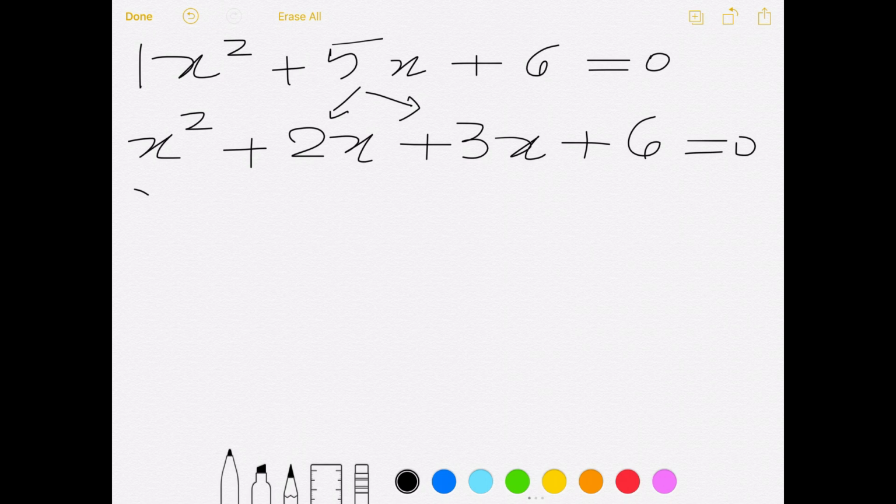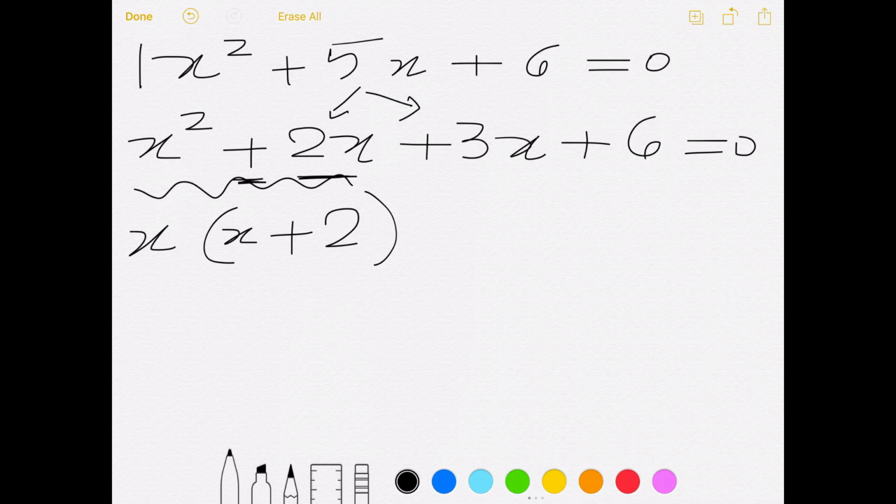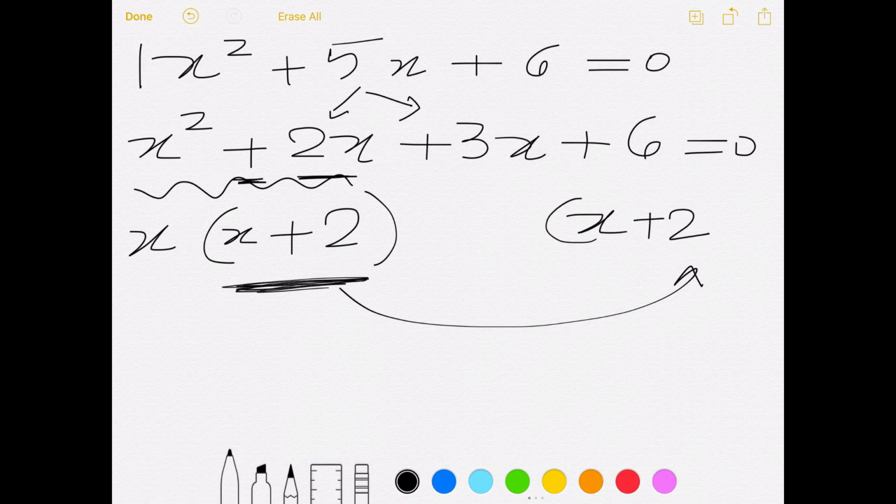Now, from the first two terms, you have to take out something common. x square and 2x, there is only an x that can be taken out as common. From x square, you take out one x as common, so x remains. There is a plus sign in between, and from 2x you take out x common, so only 2 remains. Now, you have to write this same bracket again over here. So I'm writing it directly, x plus 2, closing it, equal to 0.